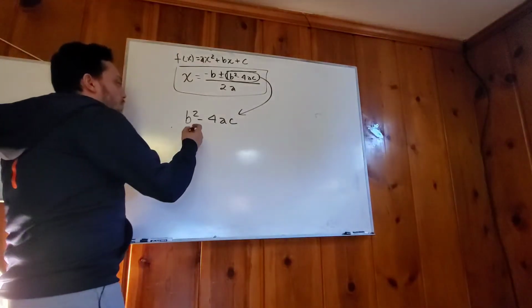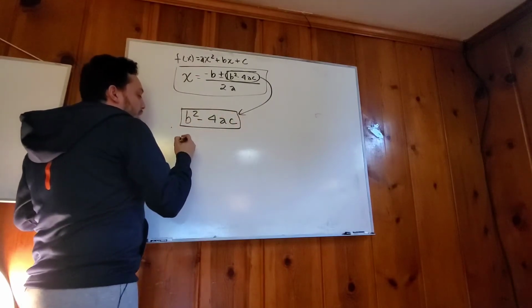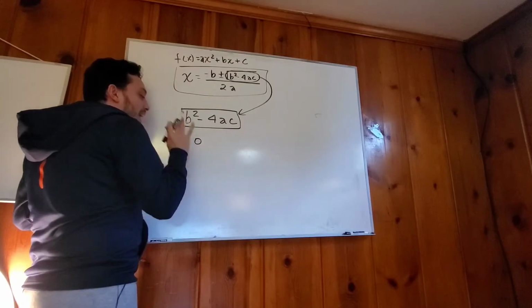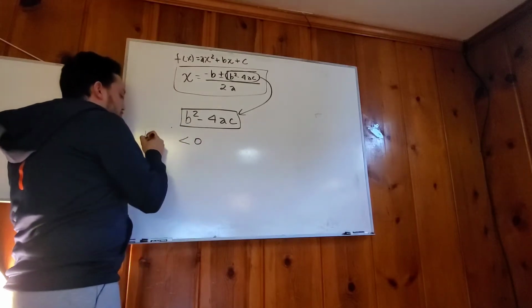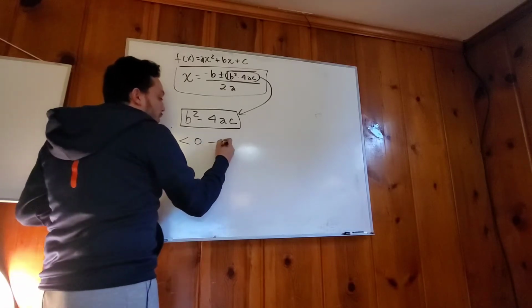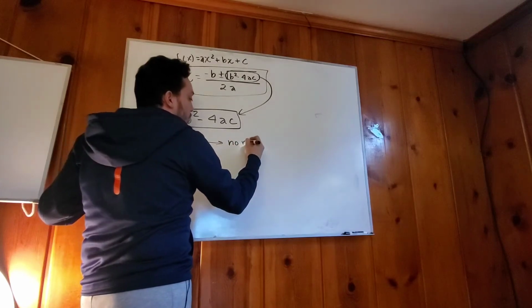So if you get the discriminant, and the discriminant b squared minus 4ac is less than 0, meaning any negative number, then it has no real solution.